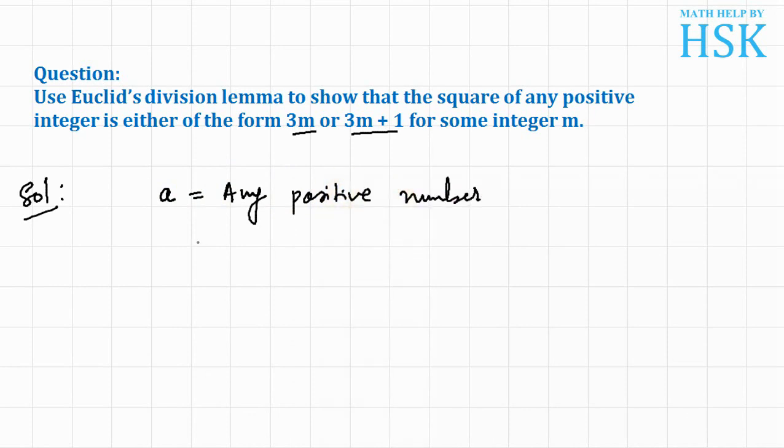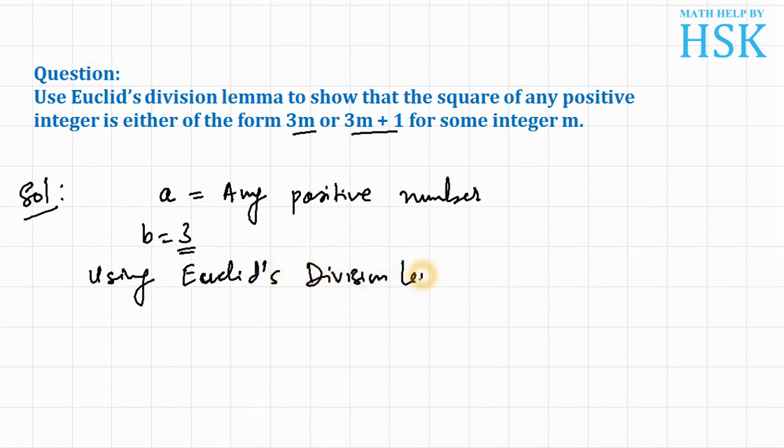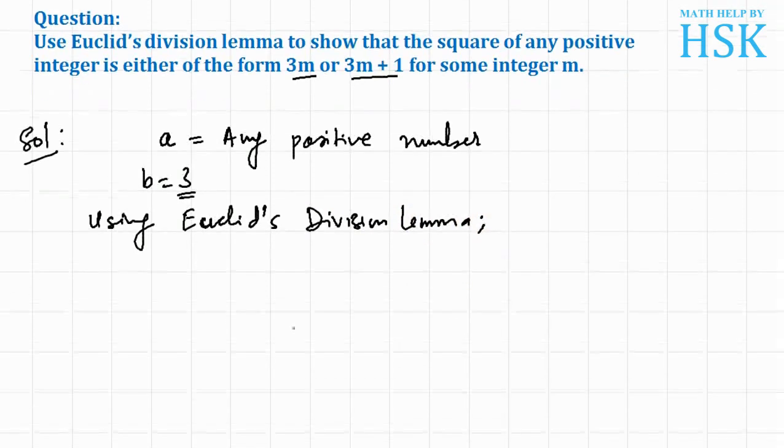Okay, and b is equal to 3. We take b is equal to 3. Using Euclid's division lemma, we can write a is equal to 3q plus r.